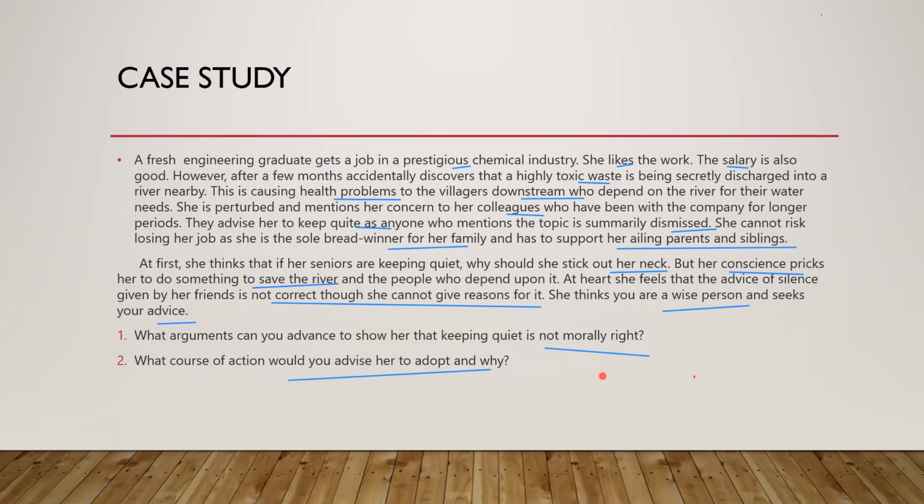Whenever some moral dilemma or some issue comes, you can use the knowledge given in religious books or some motivational books or some different approach.